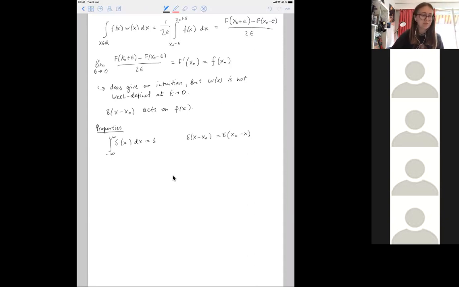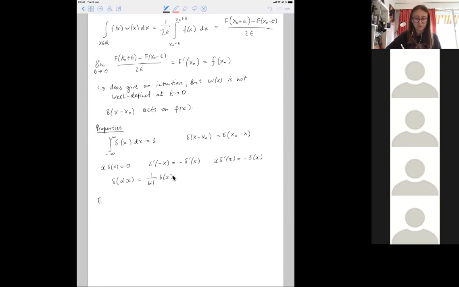And then some other properties include x delta of x equals 0, delta prime of minus x equals minus delta prime of x, x delta prime of x equals minus delta of x. And something important, this property is important, it's about scaling. So if you try to scale the delta function, then it scales the following way, not as you would expect, as just taking the coefficient alpha out.